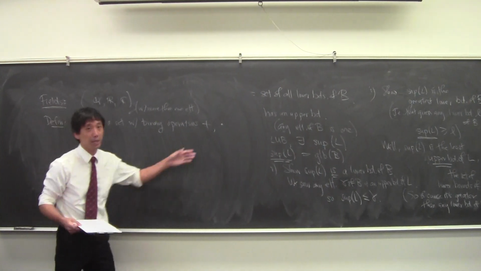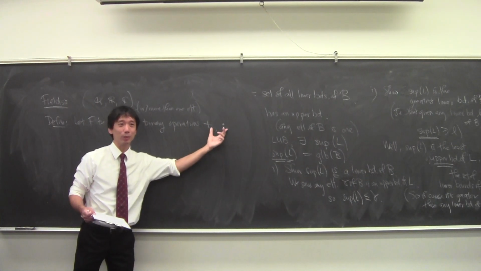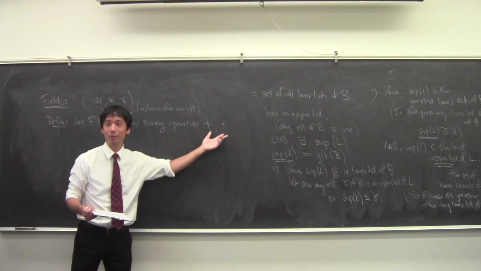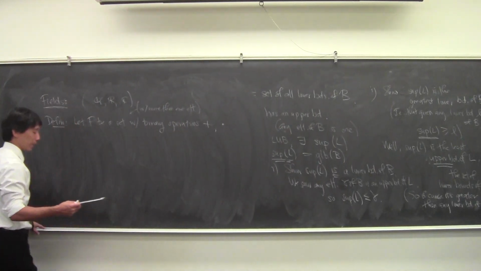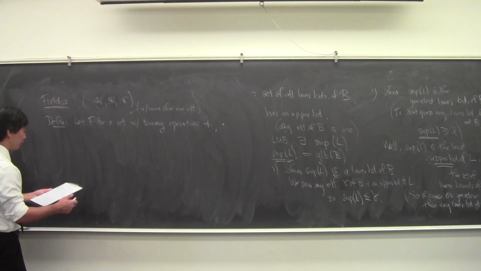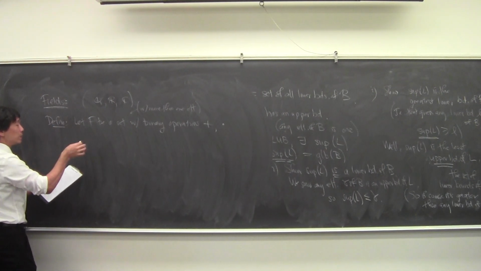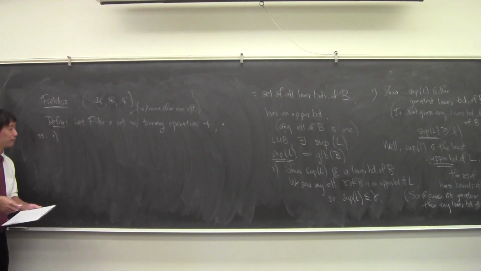Plus and dot, of course, are the analog of your addition and multiplication, but they need not be what you think they are. They might not be your old friends. We use this notation, but don't be misled by it. These are not necessarily the things you're familiar with. With two operations plus and dot, such that a whole bunch of properties are satisfied.